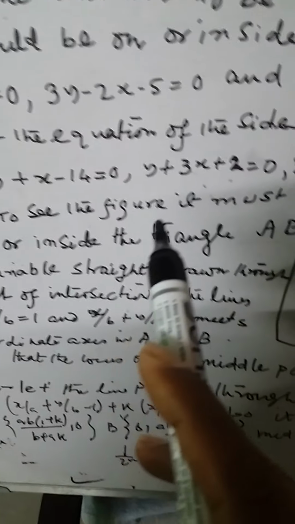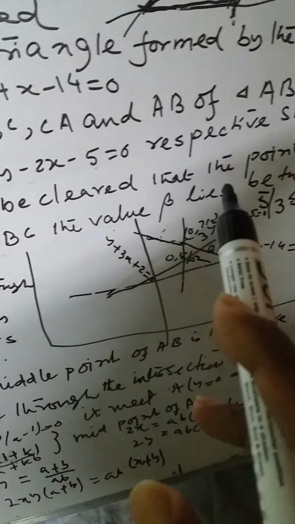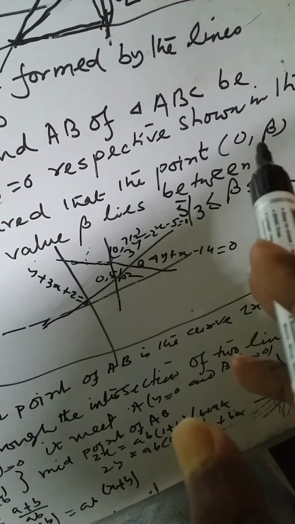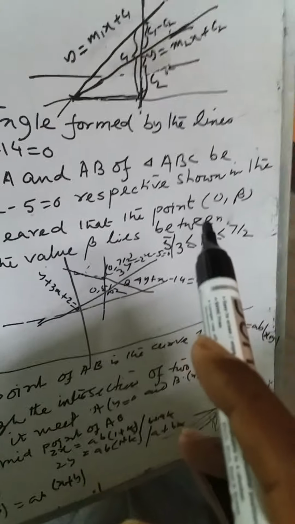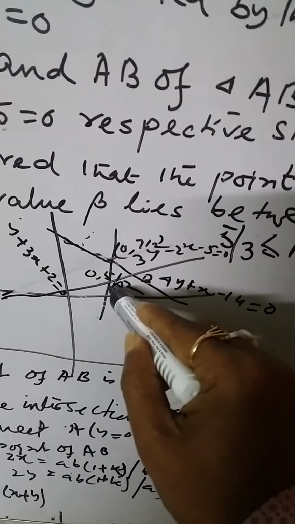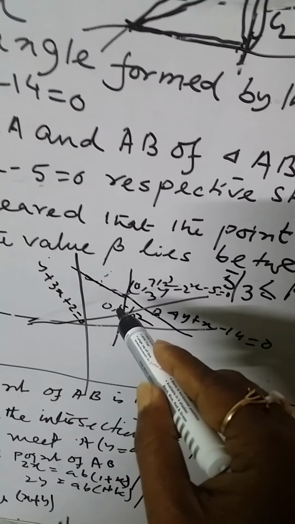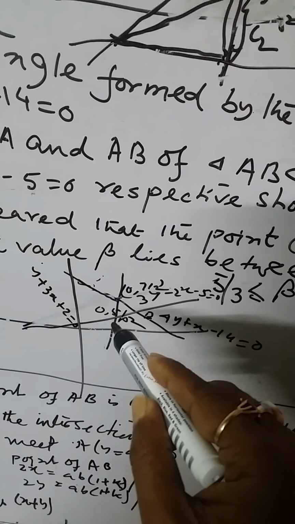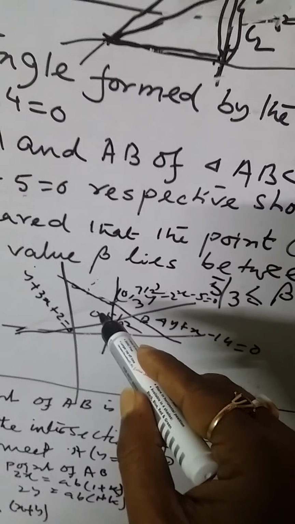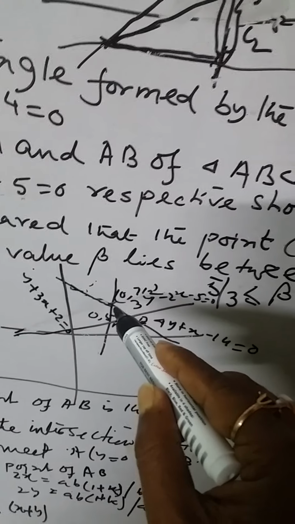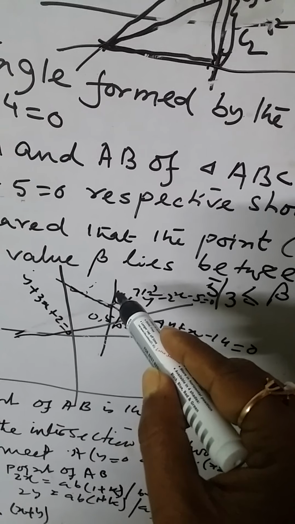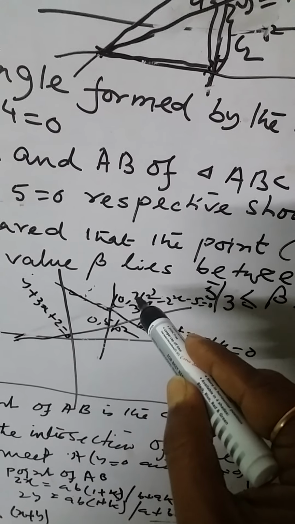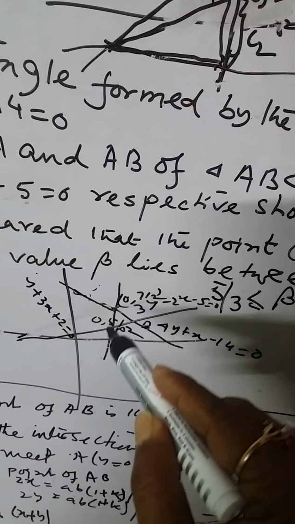To see the figure, it must be clear that the point (0, beta) must be a point on the y-axis. This is the y-axis and this is the x-axis. On one triangle side it is (0, 5/2), on another side beta will be 7/2.